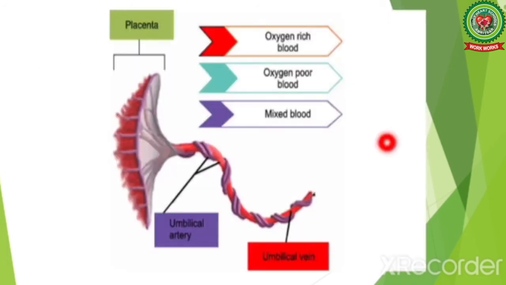In this image, we can see the placenta and umbilical cord. This is a tube-like structure that connects mother to the fetus during pregnancy. It has 3 blood vessels, 1 vein and 2 arteries.